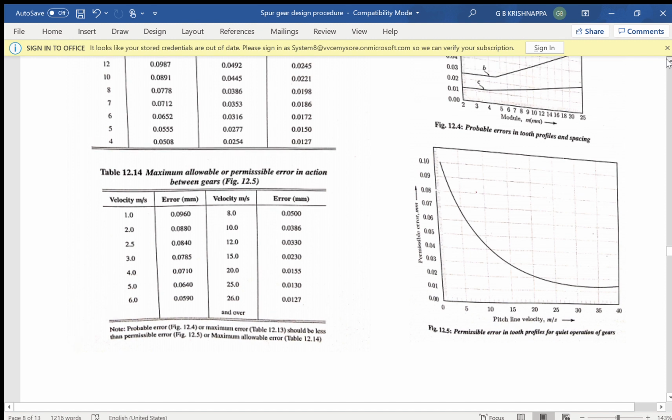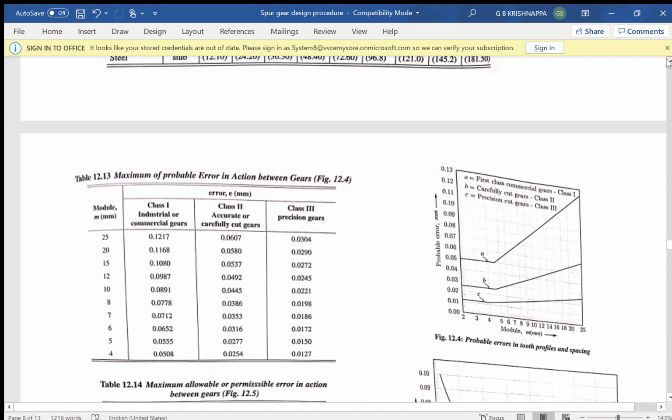Now if the class of gears is given, A, B, C. A is first class commercial gears, so class 1. B is carefully cut gears, that is class 2. And C is precision cut gears, so it is called class 3. I told you about class 1, class 2, class 3 in the beginning. Now based on the module you can also obtain an error.